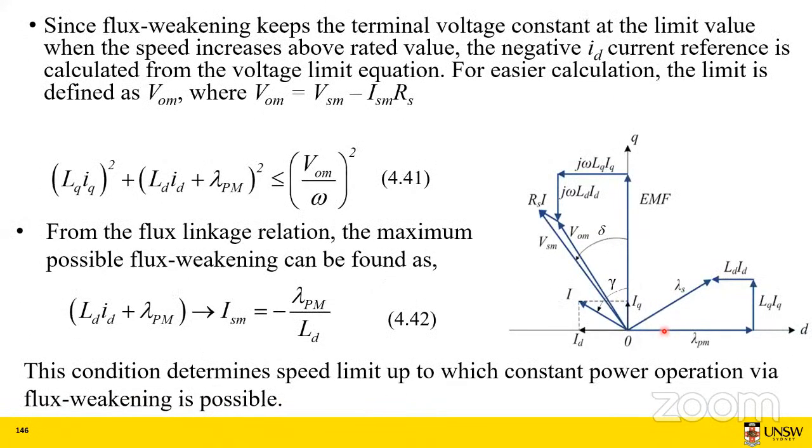So this is something interesting to know, it also comes from flux weakening. What is the maximum of flux weakening? If we can reduce the lambda PM to 0 by applying this negative LD ID, we'll get the limit for our flux weakening, right?